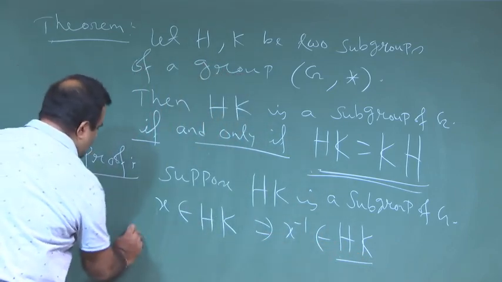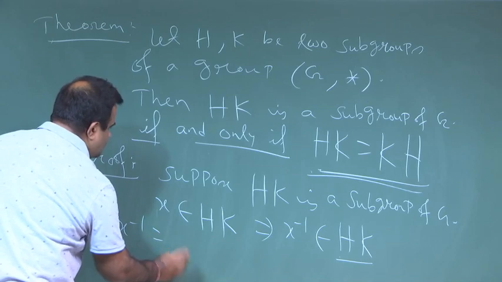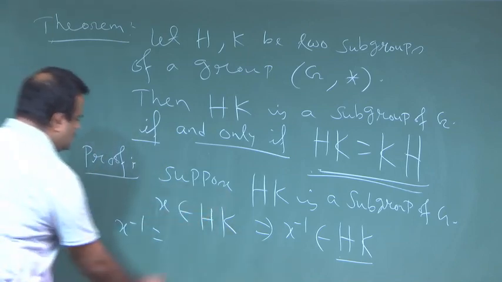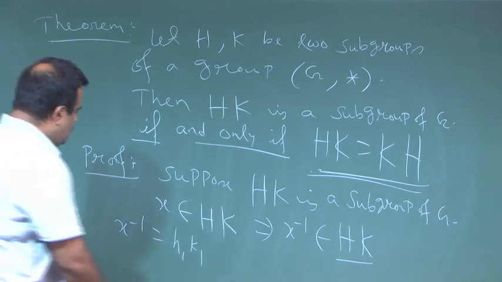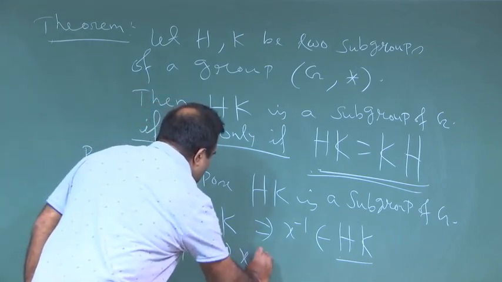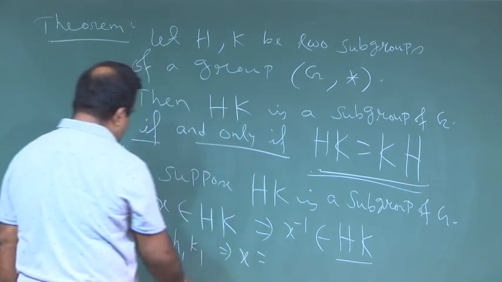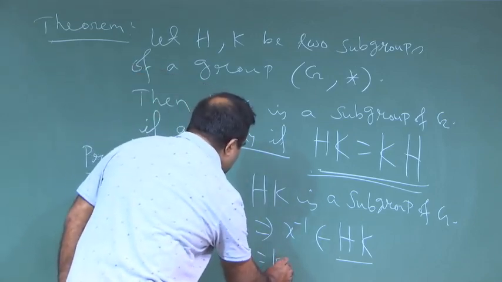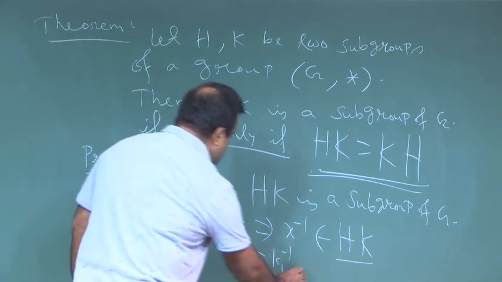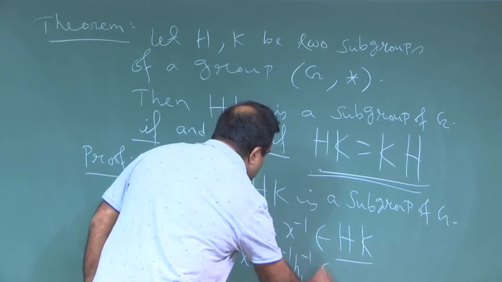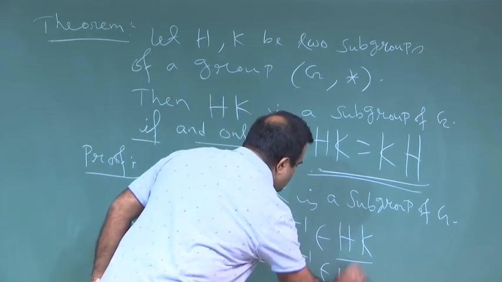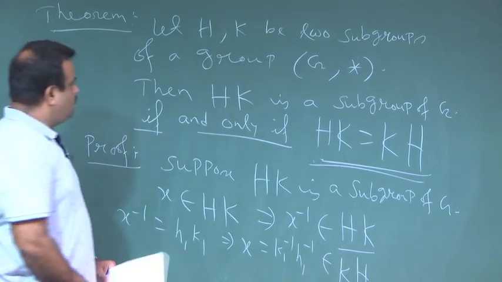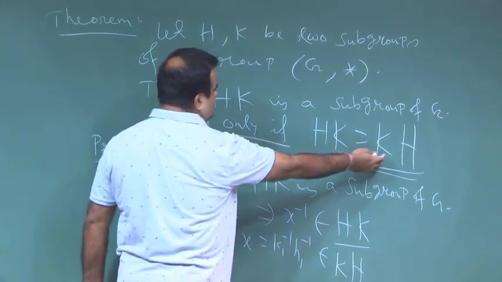Now, we can take x inverse, which belongs to HK, to be some h1 and some k1. So, now this gives us x to be, if we take the inverse of this, k1 inverse h1 inverse. So, this is a member of KH.